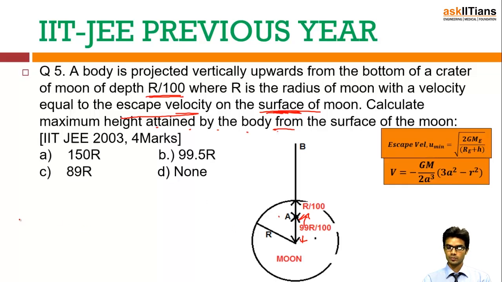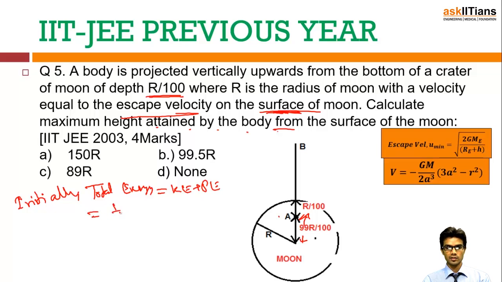So now it is about conservation of energy. So just conserve the mechanical energy. Initially, total energy is equal to K plus P, and initial kinetic energy is equal to half m u squared.